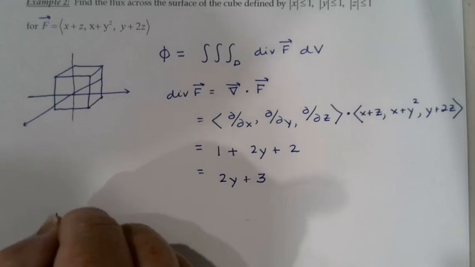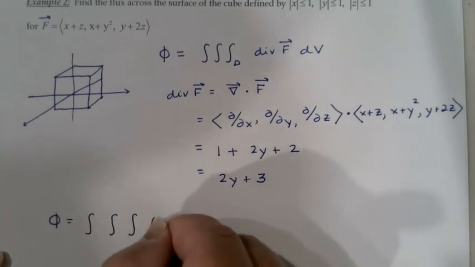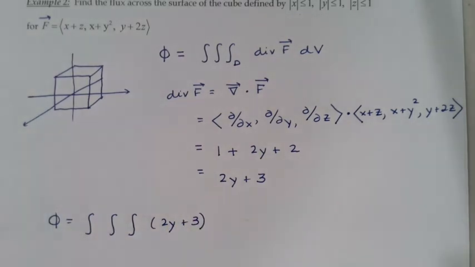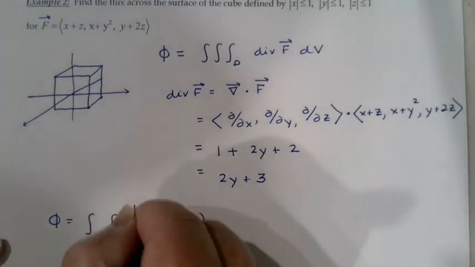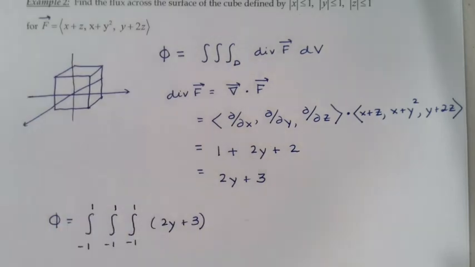So my flux integral, I integrate the divergence function, 2y plus 3. And again, all of my limits of integration just go from -1 to 1, since that's the dimensions of the cube in every direction, x, y, and z. And that's not going to be a bad integral no matter what order I choose to do it in.